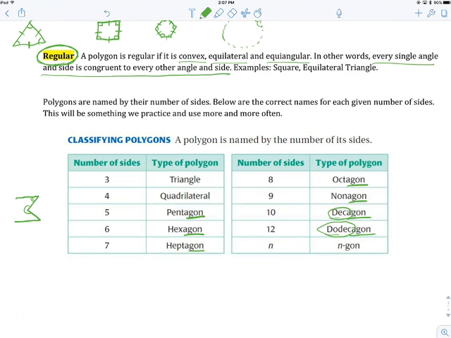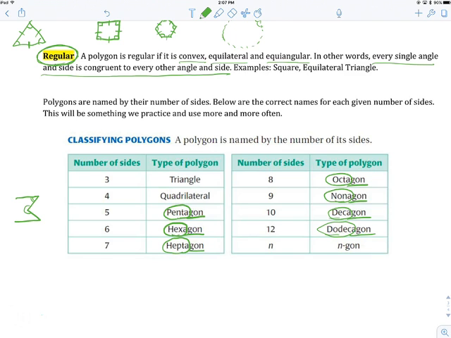Decimate, that's an interesting one, look up the actual meaning of it. Nona means 9, like a nonagenarian, the 90-year-old. An octa, like an octopus. So an octa is 8 sides. Hepta, that means 7. Hexa means 6.